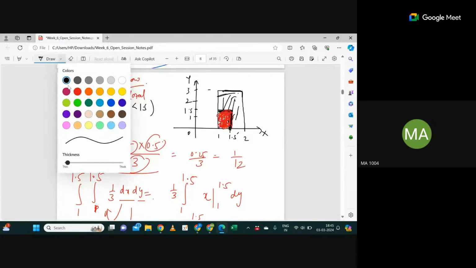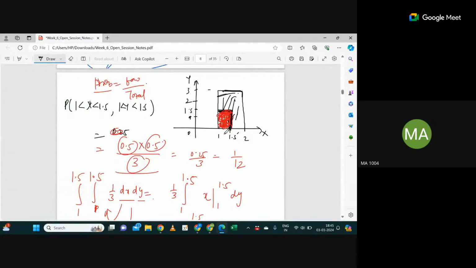Actually, see, this is 1 to 1.5, and this x or y is also 1 to 1.5. So it is not below, thanks for the correction. I have made a mistake here. Suppose this is the 1, then it will be like this. This is our part.